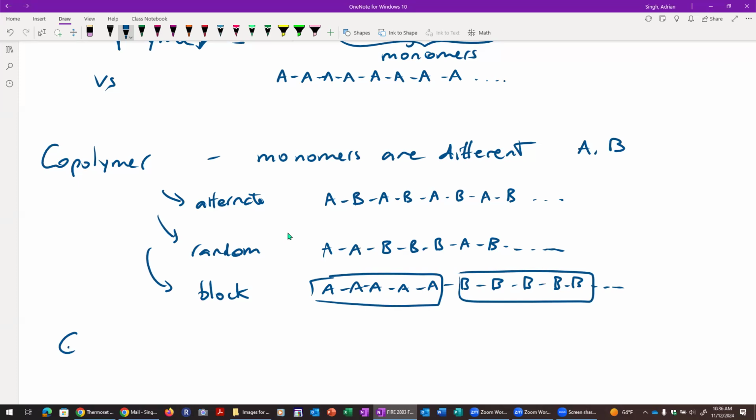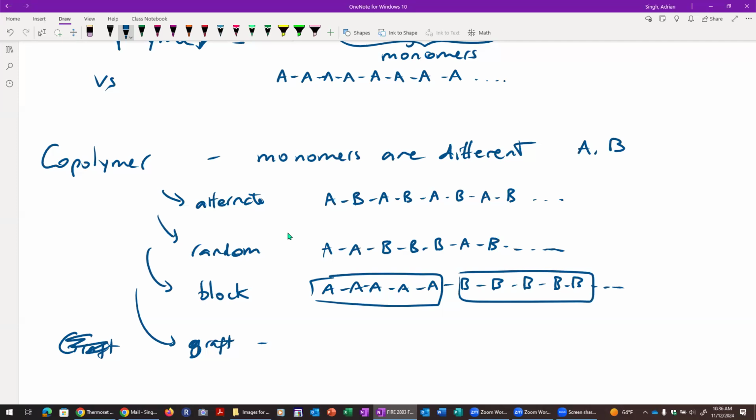We also have graft copolymerization. A graft polymerization. This results in a polymer that is similar to a branched homopolymer, except that the backbone is monomer 1 and the randomly located branches are monomer 2.